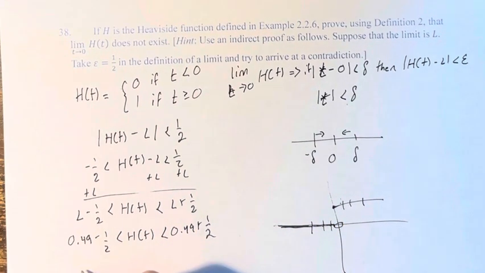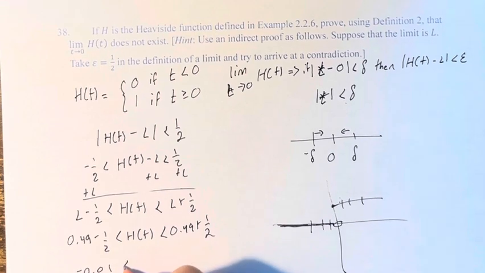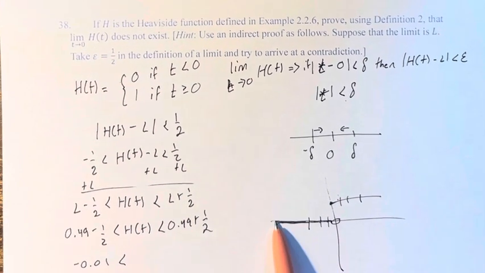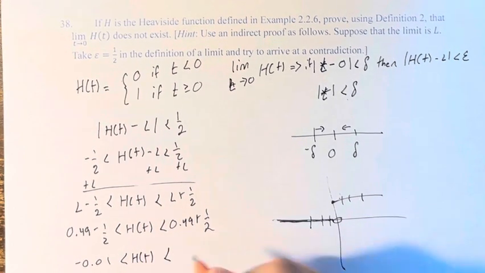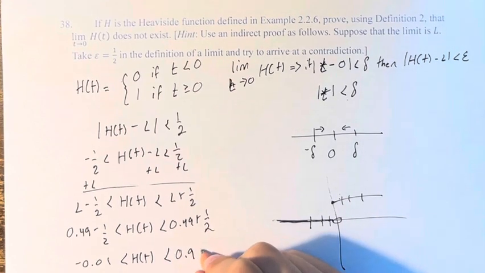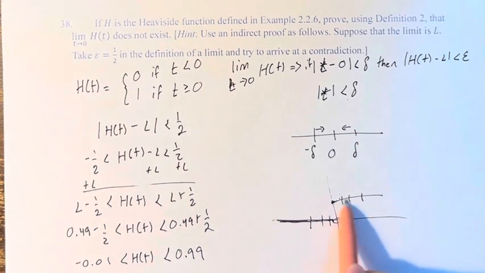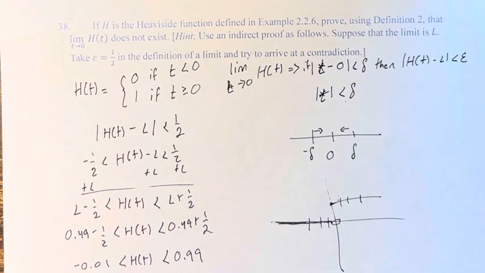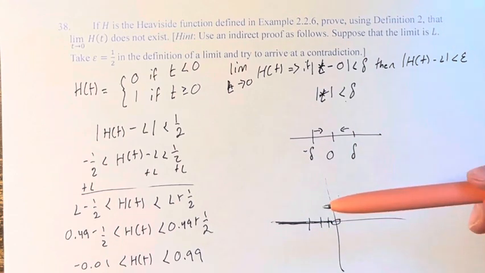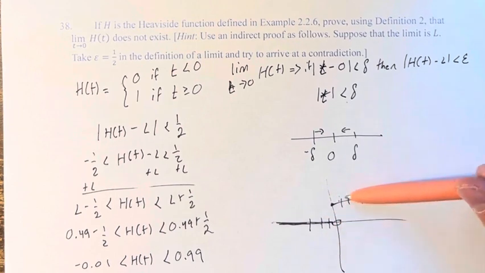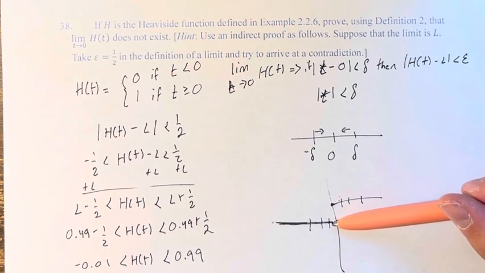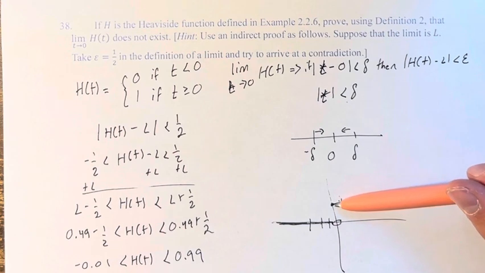If this is negative 0.01, then these points are all going to be included within this range that h of t is allowed to be in. And I picked 0.49 because it just barely gets there. And here we have 0.99, which means none of these points are valid points. No matter what distance we are from 0, we're going to have points that are equal to 0 and points that are equal to 1.